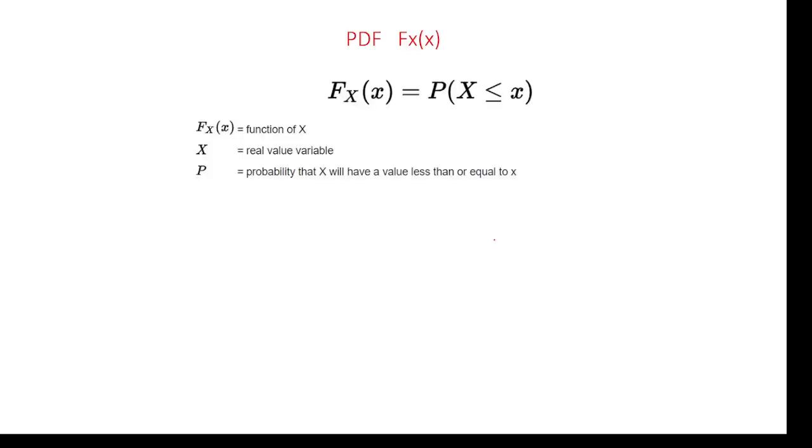Coming to the mathematical representation, as I said, F X of x equals P of X less than or equal to x. I'll give one example. You may be asked questions like this in university exams: find F X of x at 3, or find P of X greater than or equal to 3.